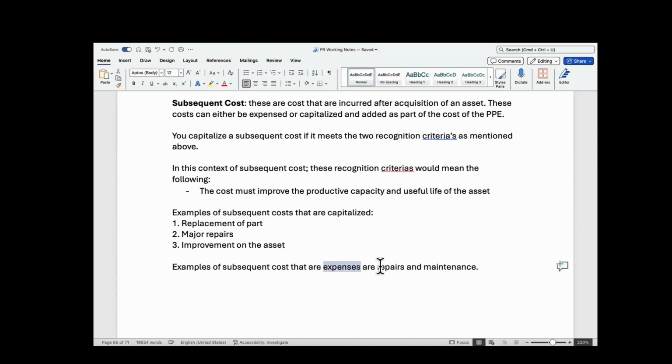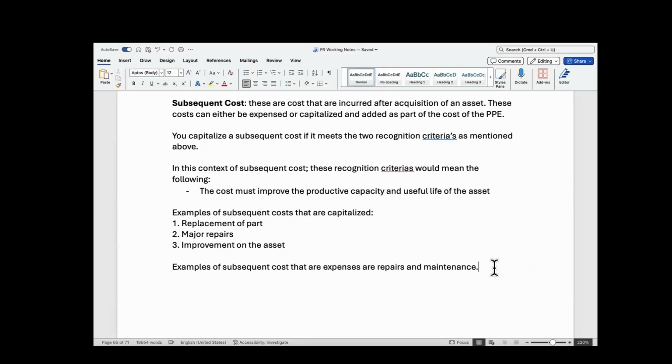And any costs that you classify in your books as repairs and maintenance clearly show that these costs do not improve the useful life or productive capacity of the asset. This cost will only sustain and maintain the existing productive capacity, not improve it.